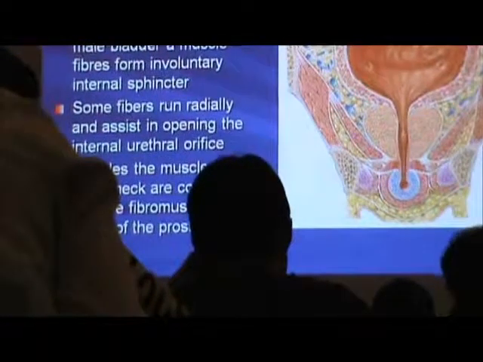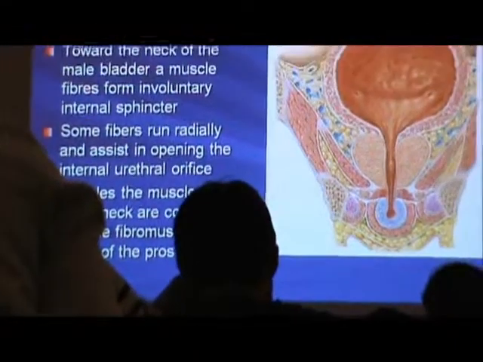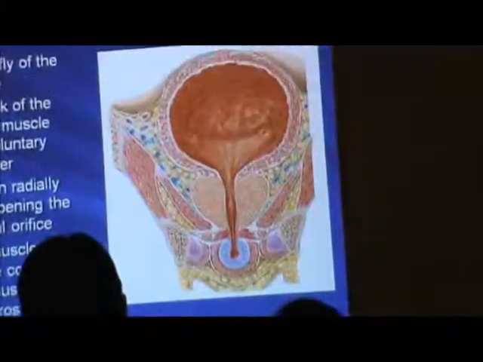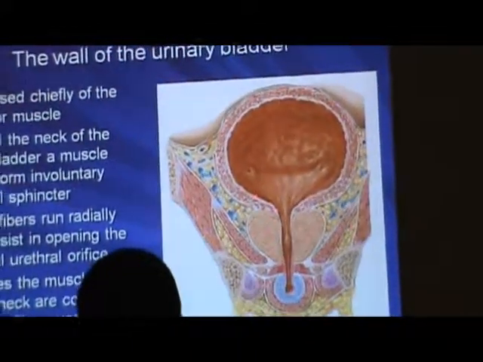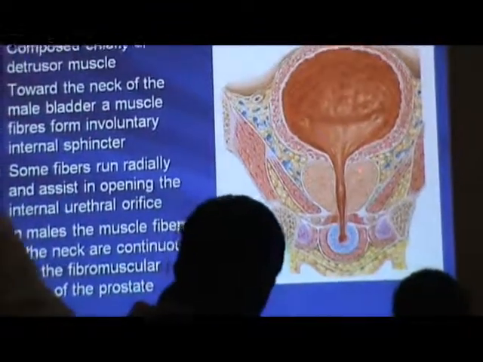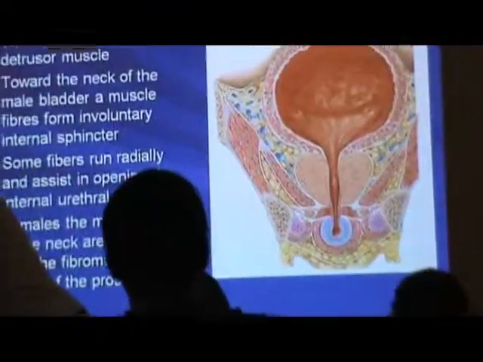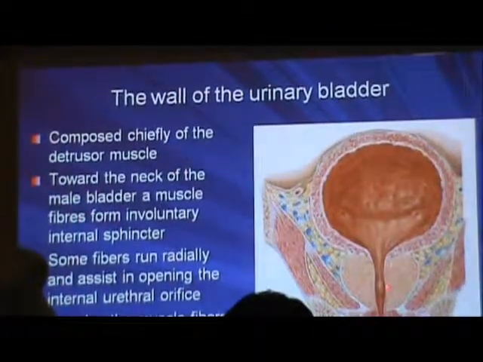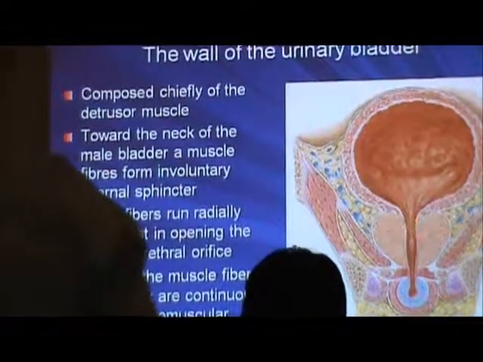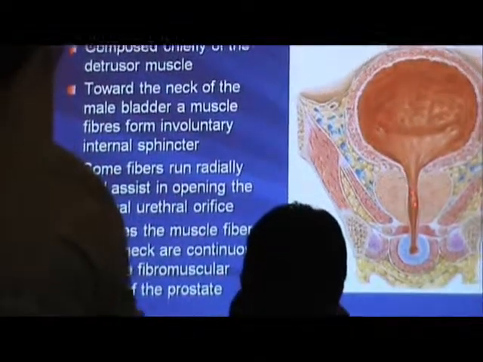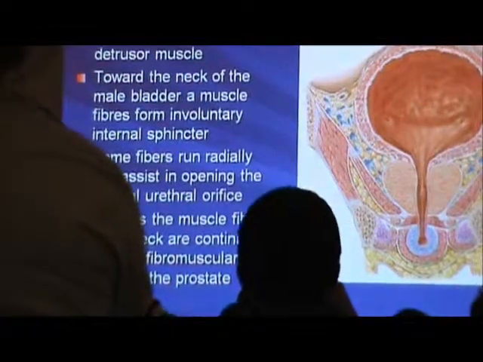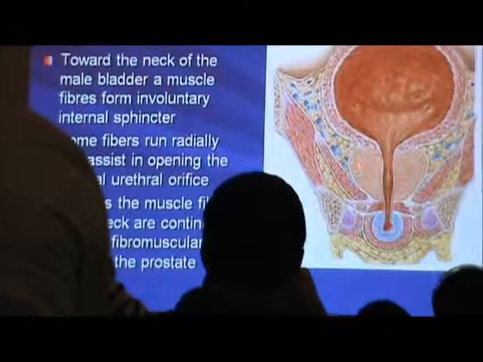Some fibers run radially and assist in opening the internal urethral orifice, and in males, the muscle fibers in the neck are continuous with the fibromuscular tissue of the prostate. So sometimes it happens that cancer starts from this part which forms the neck of the urinary bladder, and next it goes to the prostate.